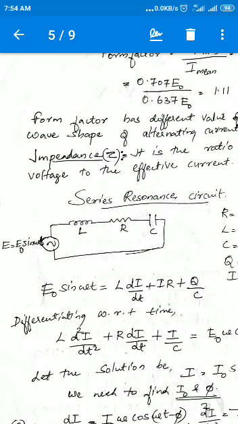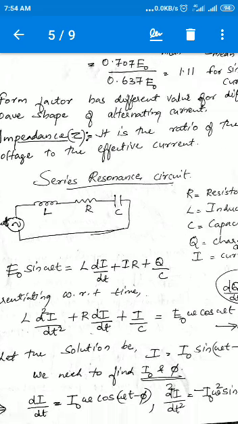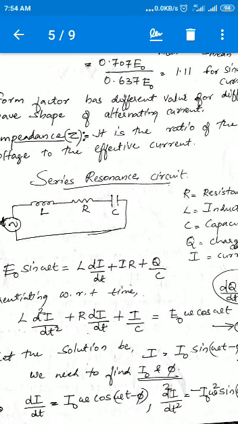Now we can differentiate this equation with respect to time, and you will see the following differential equation: L into d square I by dt square plus R into di by dt plus I by C, where I we get from dq by dt. dq by dt is the rate of change of charge, which is current.